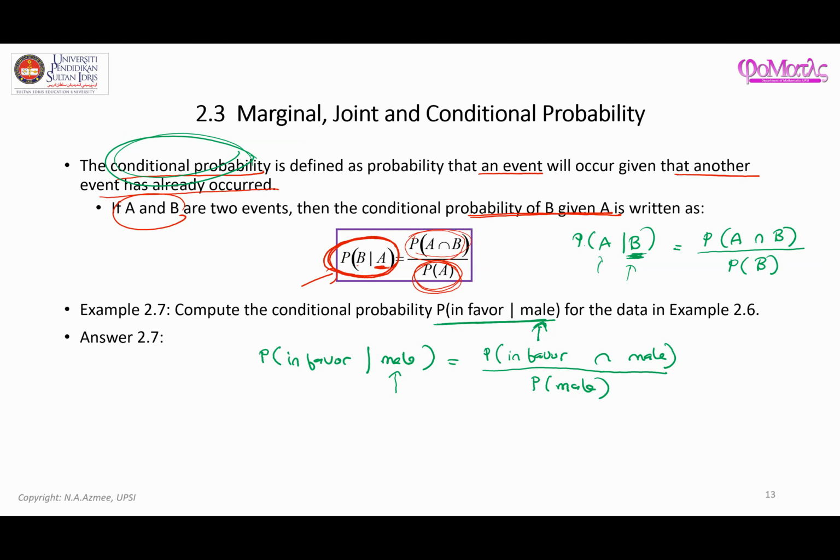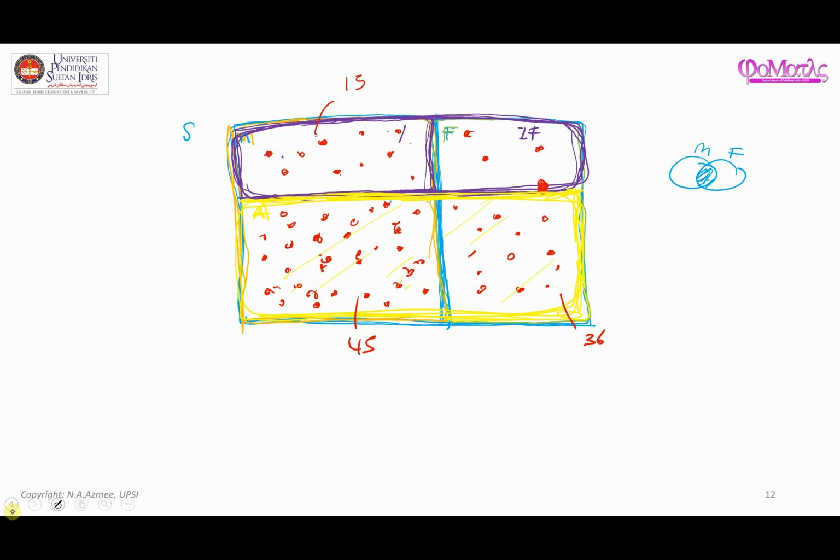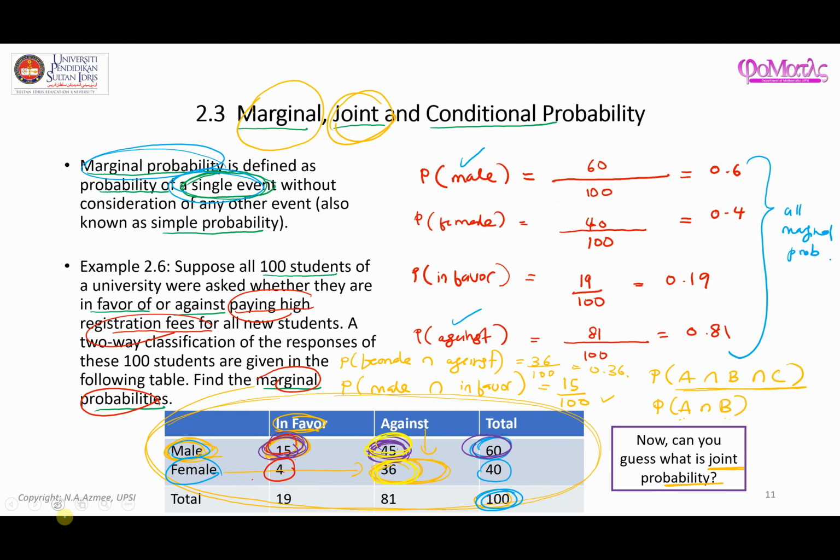So if we go back to what we've done in the previous slide, example 2.6, we want to find what's the probability of that person in favor, and also that person is a male. So we're just going to look at this table. I'm just going to erase this part, it looks a bit messy here.